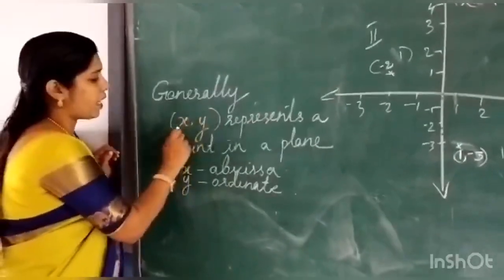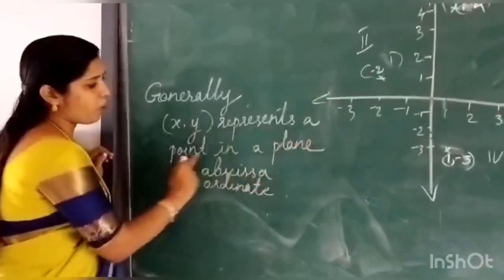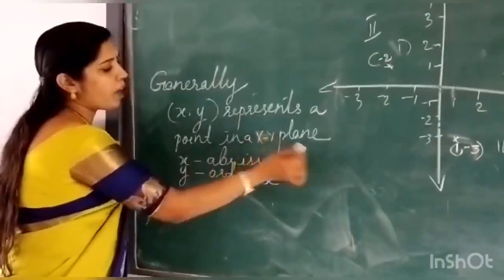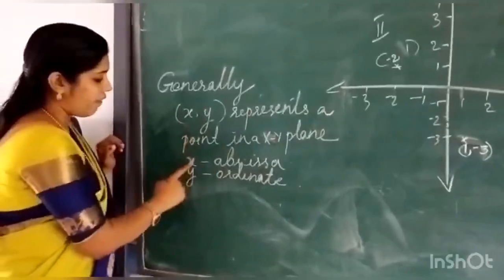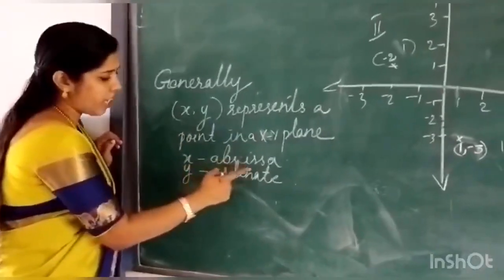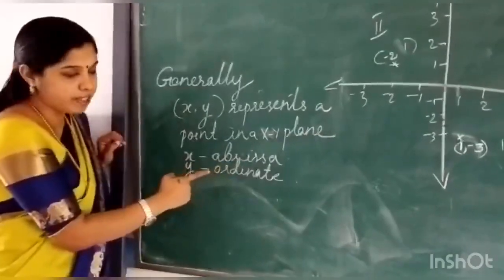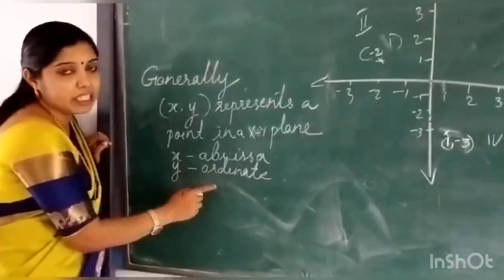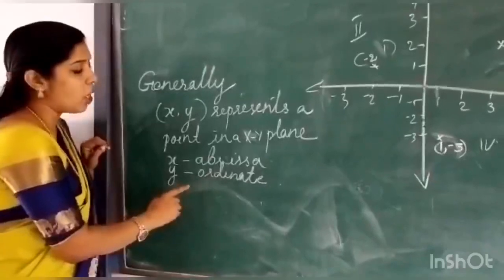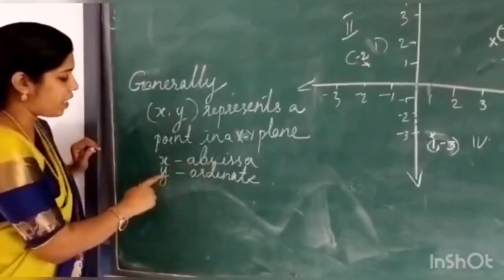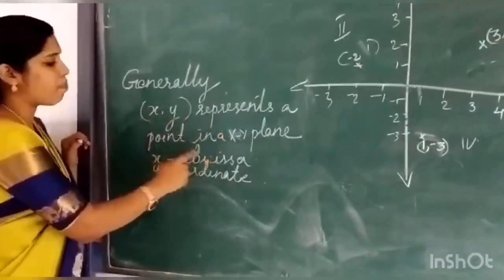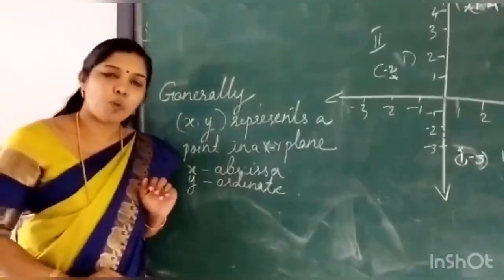So the ordered pair (x, y) represents a point in an xy plane. The x-coordinate is called the abscissa, and the y-coordinate is called the ordinate. So the ordered pair (x, y) represents a point in an xy plane.